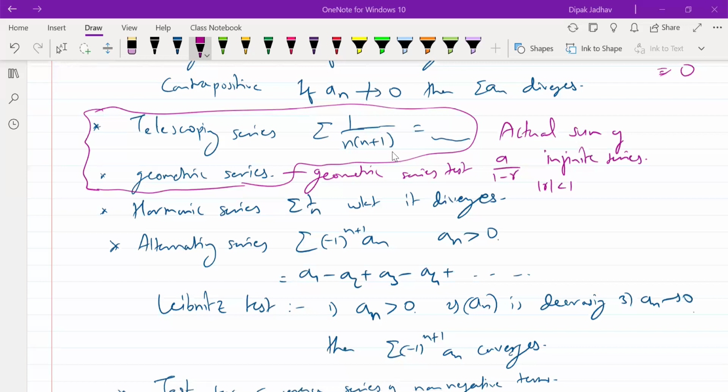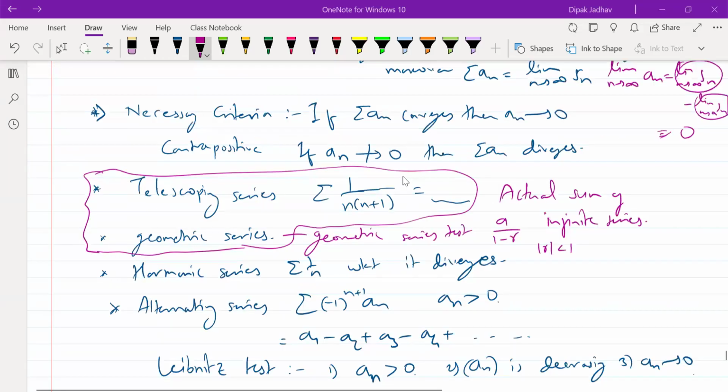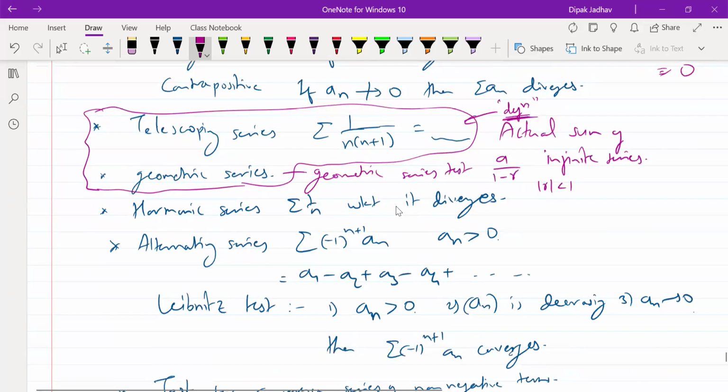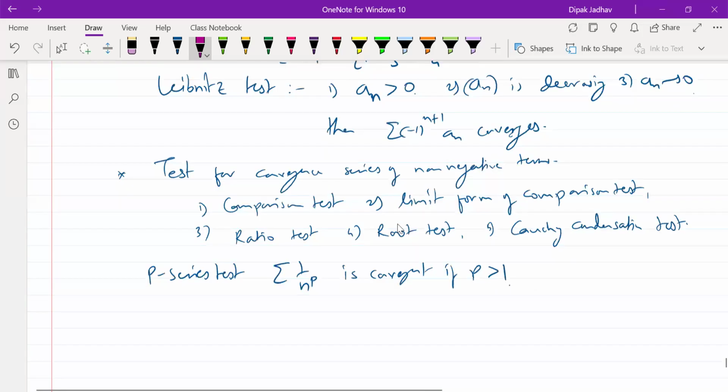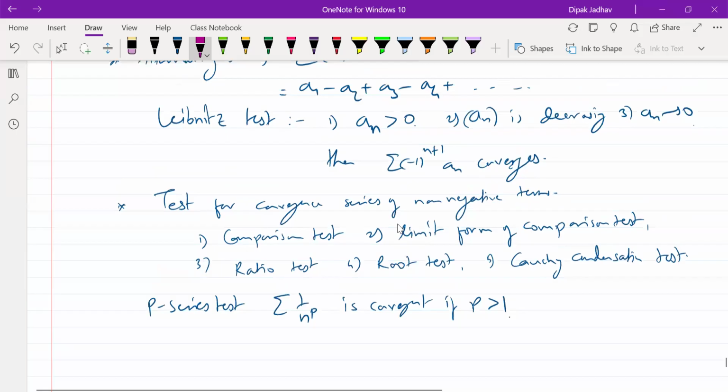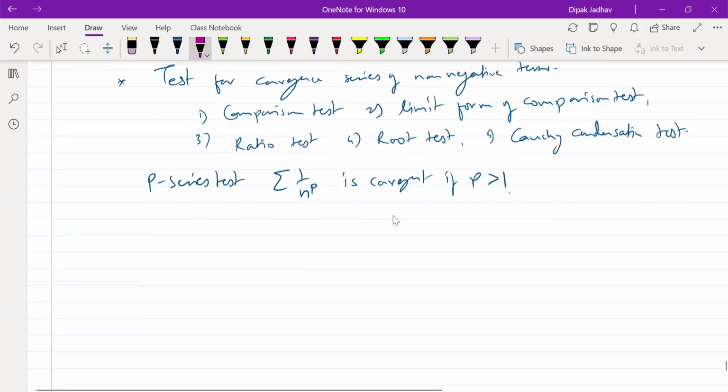It is possible to compute the sequence of partial sums, and we can compute the limit of that sequence. So here we apply the definition of convergence of a series to find its sum. Except for these two, any other test will only tell you whether your series converges or diverges.